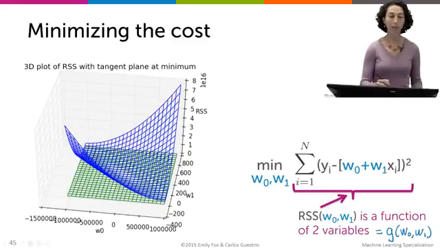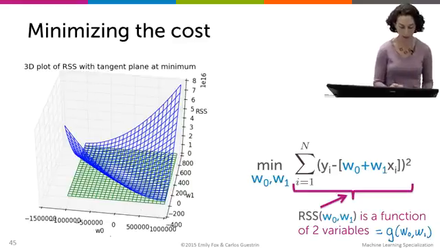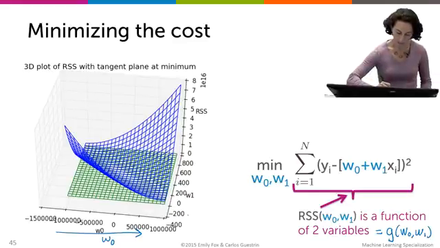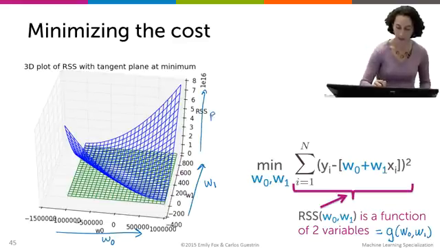And I've gone ahead and plotted the residual sum of squares versus W0 and W1 for the data set that you played with in the first course of the specialization. Here, along this axis is W0, and along this axis is W1, and then we're plotting our residual sum of squares.